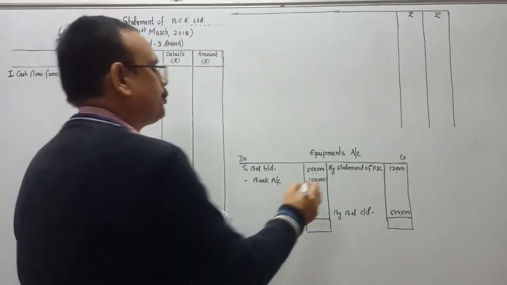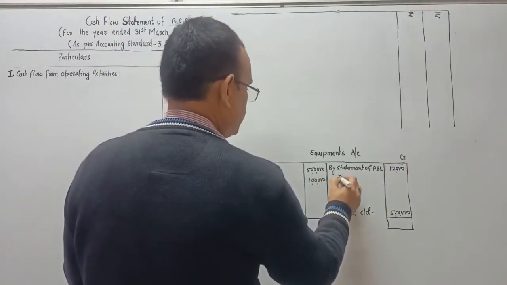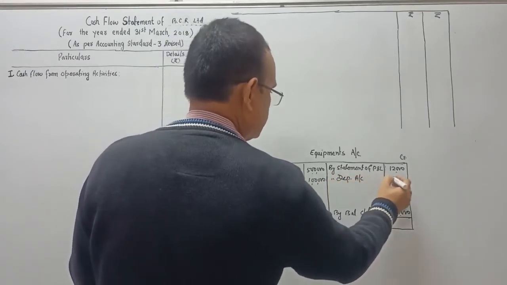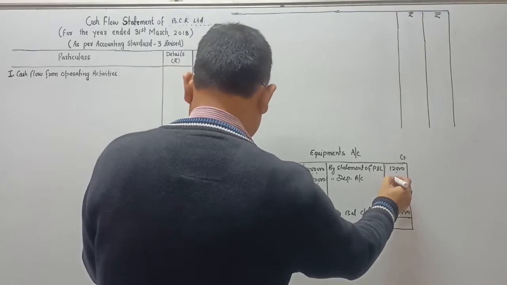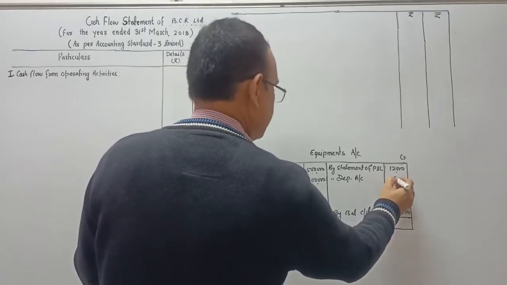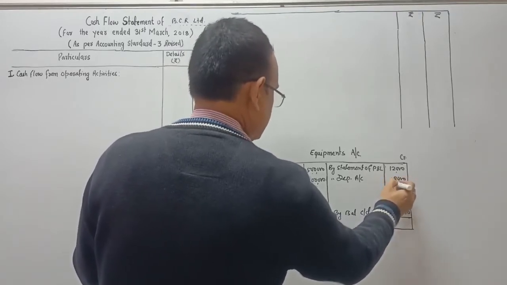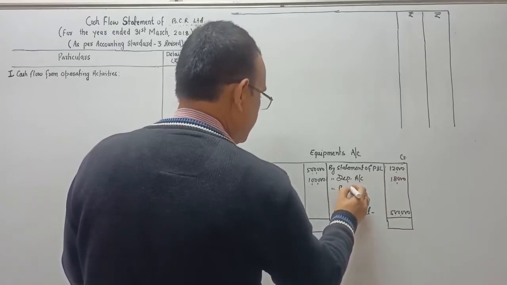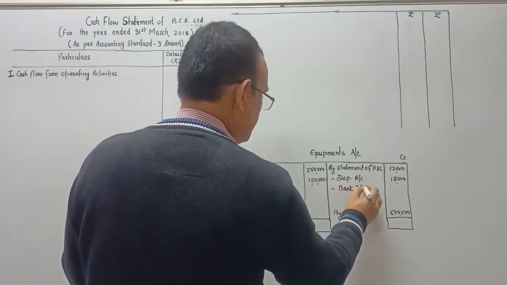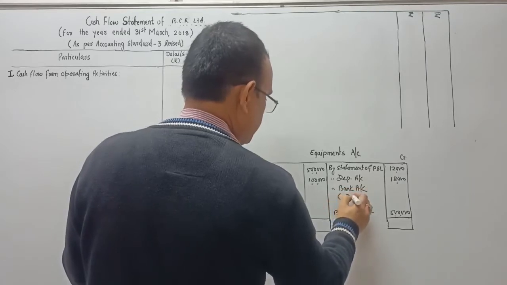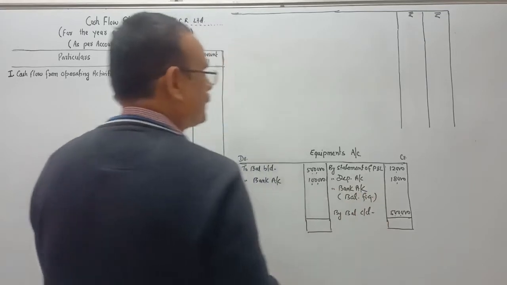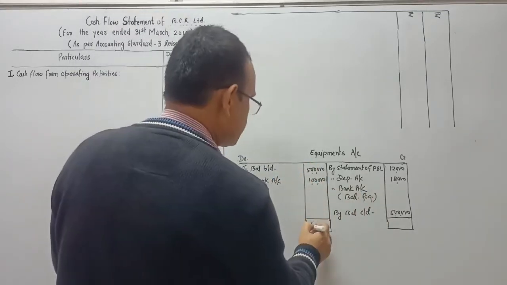Depreciation charged on equipment is given, 18,000. So the rest figure will indicate at what value you have sold the equipment. This will be the balancing figure. So this side total is 6 lakhs.